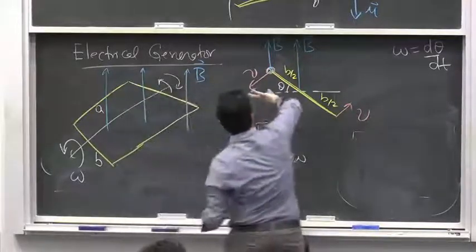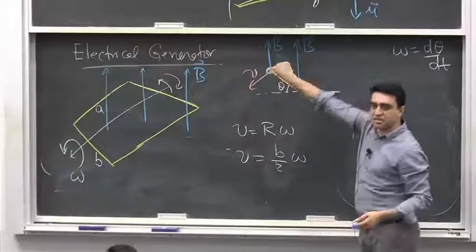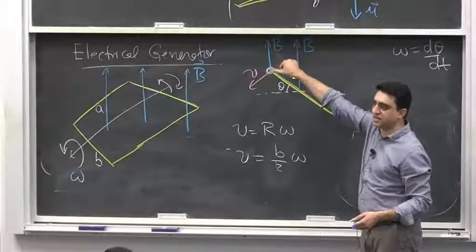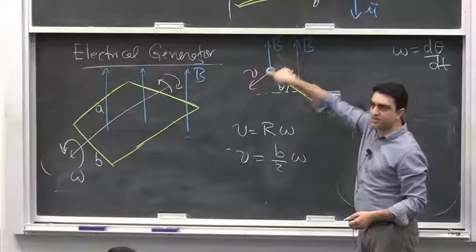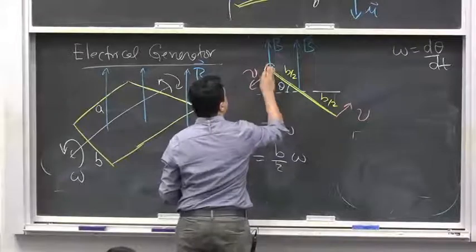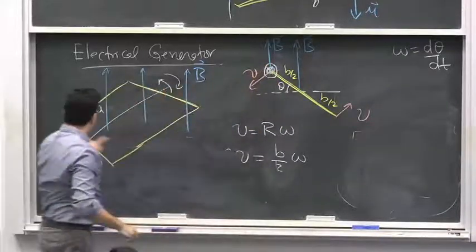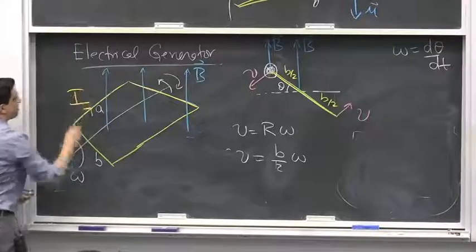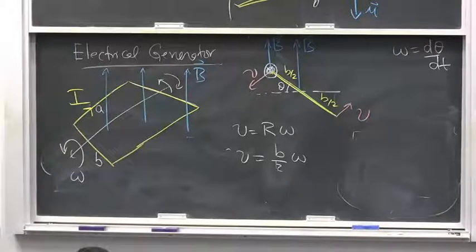So you would have V cross B give you into the board, and if you are taking conventional current, that would be the direction of the current as well. So you would have a current which would be into the board in this coil, in that direction.